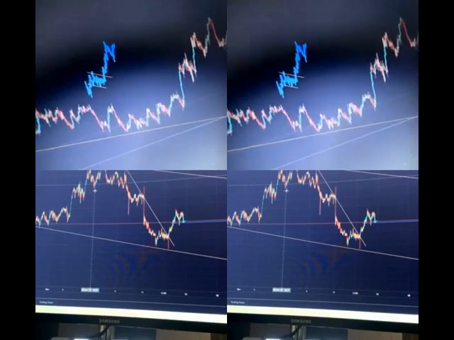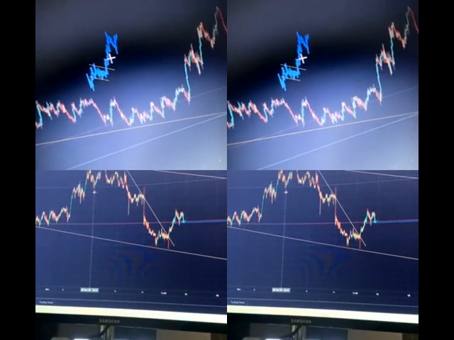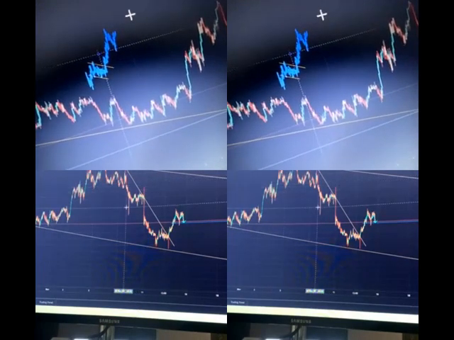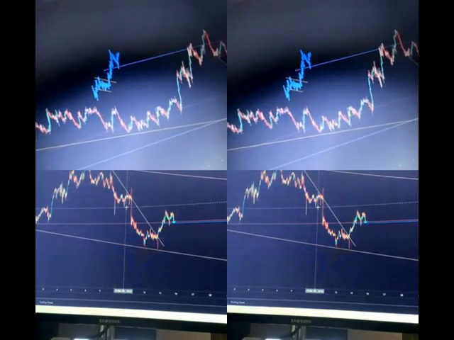When it breaks with an impulse move, it gives us second entries, of course. You're looking at the retest.